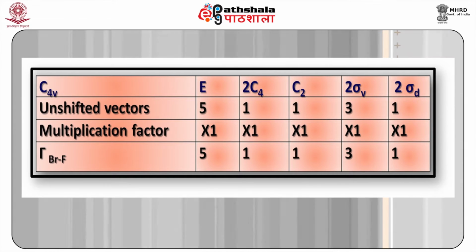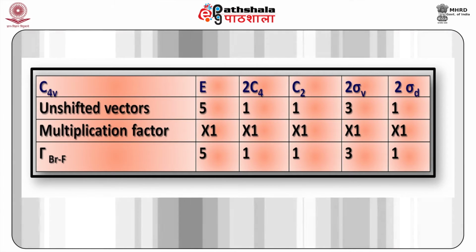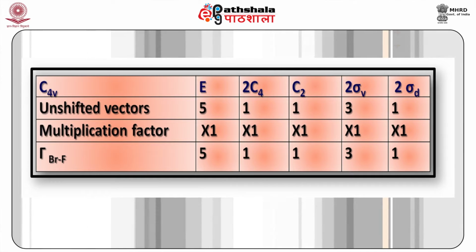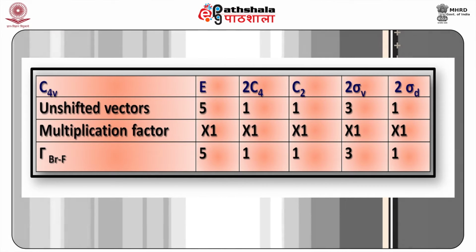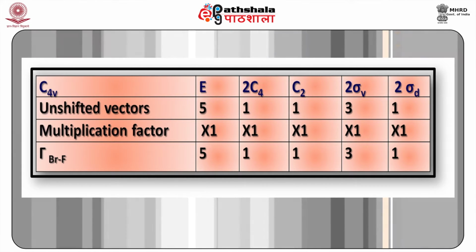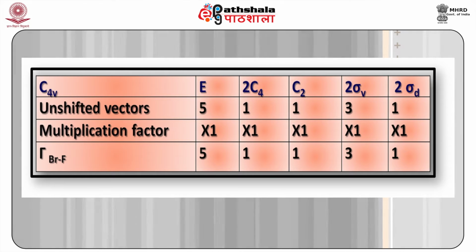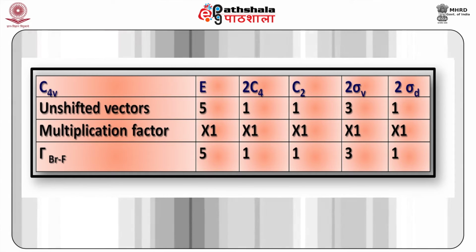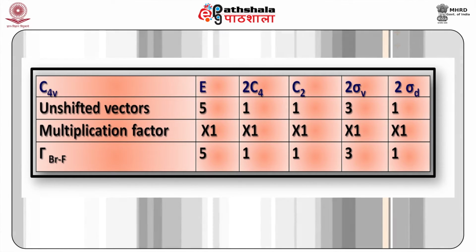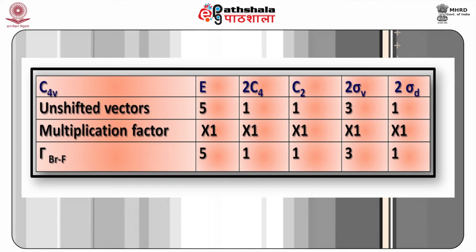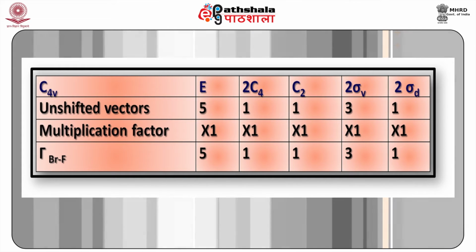Once we get the reduction result, after making use of the projection operator method we can find out the SALCs or LGOs corresponding to the 5 orbitals.